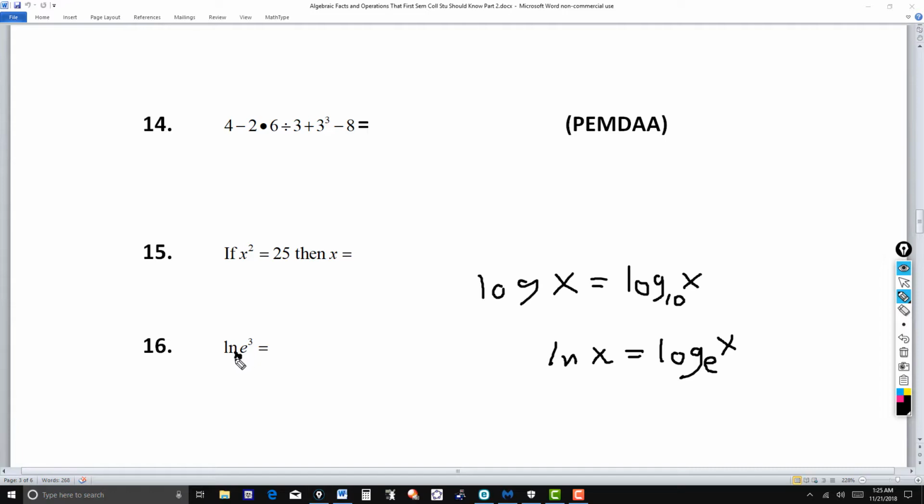So natural log of e to the third to base e, well, that has to be 3, because by definition of log, natural log of e to the third to base e is an exponent. What exponent is it? The exponent is what you have to take this base e to, to get e to the 3. Well, it's 3. Okay, so the answer to that one is 3.